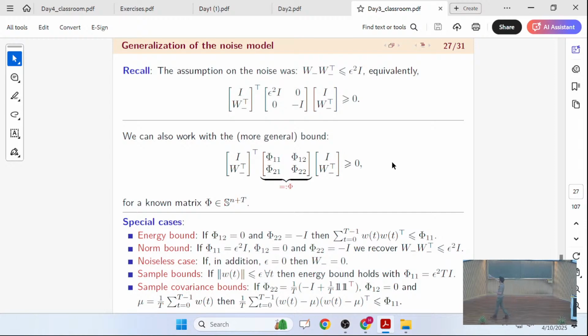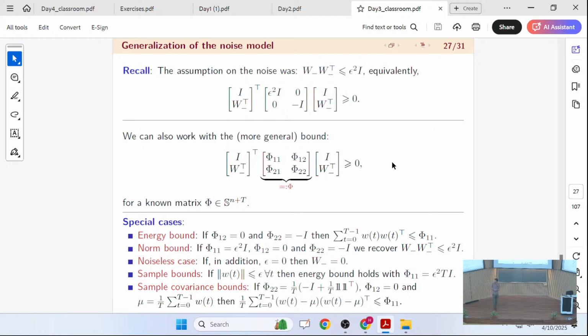So if for that choice of phi 1,1 my noise satisfies this quadratic inequality, it's not necessarily true that all the noise samples satisfy this pointwise bound, that the norm of Wt at every time is less than or equal to epsilon. So by transforming this sample bound on the noise into an energy bound, we lose something.